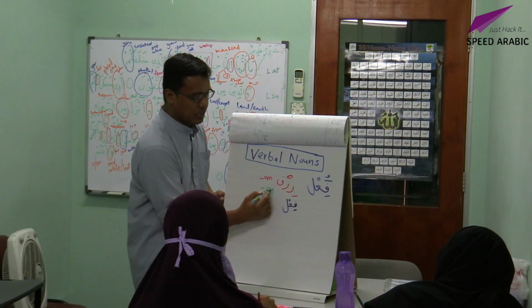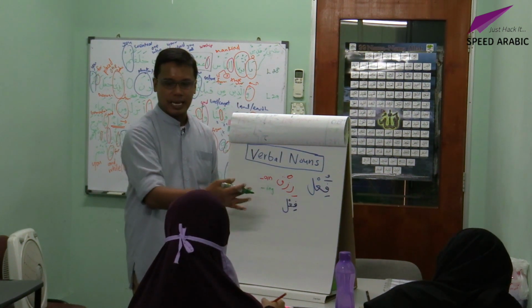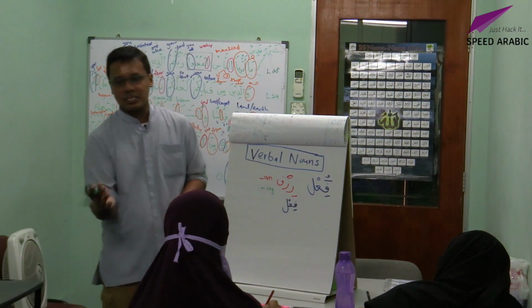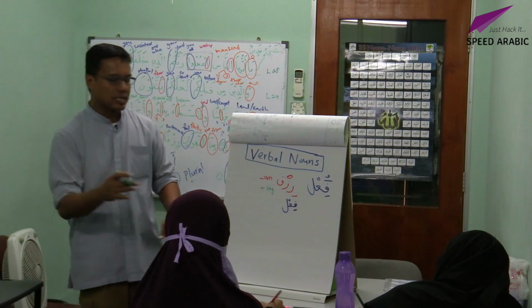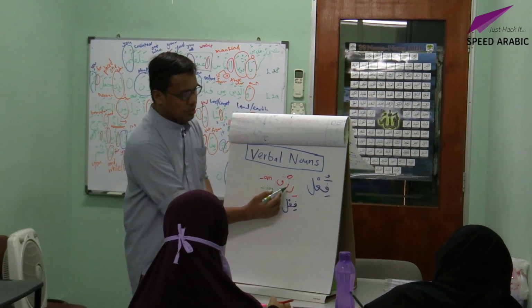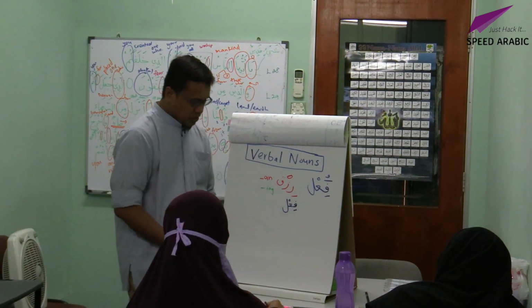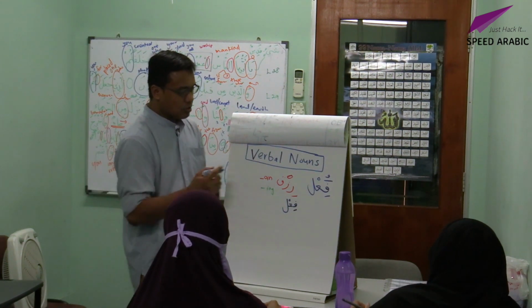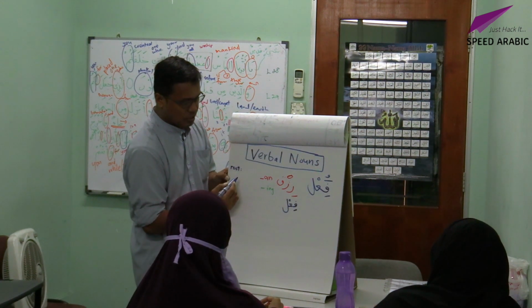Sometimes it's -ment. Sometimes it's arrival, -al. Sometimes there is no suffix, like return becomes the return. So there's no suffix there. So if you were to apply, then the root meaning, the root of razaqa means, what's the meaning of razaqa?